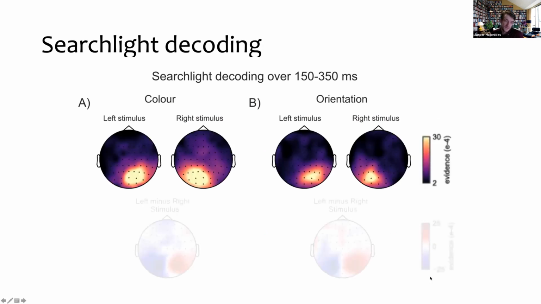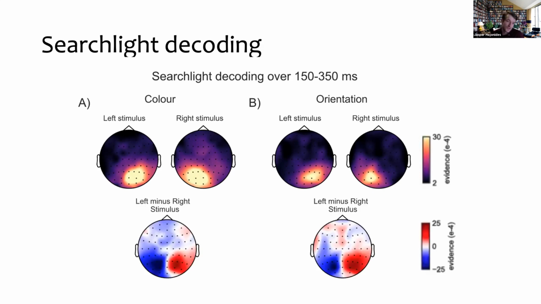And we actually observed that in the contralateral posterior sites, we observed most evidence for these different stimuli, which we would expect based on the anatomical organization of the visual system. And we can contrast left versus right to make this contrast even clearer. So this suggests that the posterior visual sensors most strongly drive this effect.